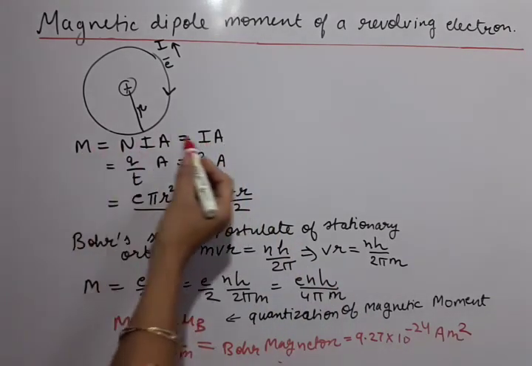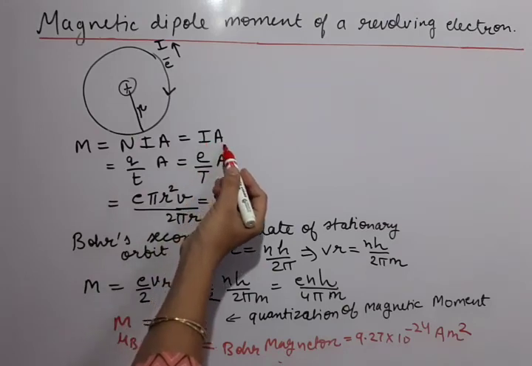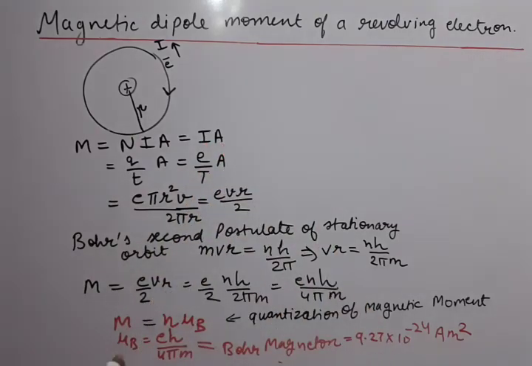So the m unit is ampere meter square. So this way the magnetic moment formula is coming n mu B. All these constants other than n we have named mu B. The name B you will give Bohr magneton because it is given by Bohr only. And because all the terms are constants, the value will come 9.27 into 10 raised to power minus 24.